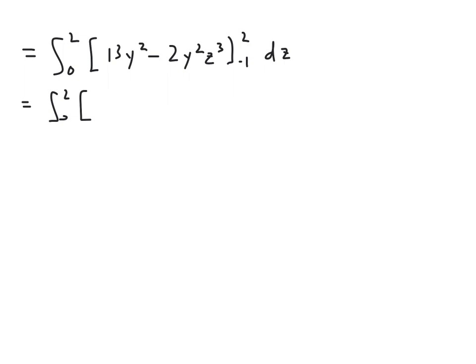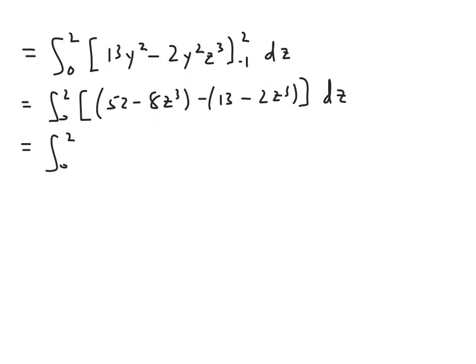Right, and so we evaluated our endpoints here, and we get 13 times 4, which is 52, minus 8z cubed. And we're going to subtract from that 13 times 1, which is 13, minus 2z cubed. All right, and so we combine all that together, and we get 39 minus 6z cubed.